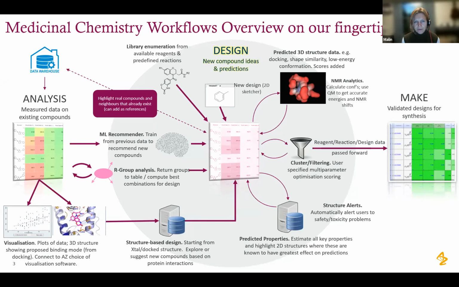So it's really important that all these people with different backgrounds and different knowledge in how to do computational chemistry have access to all the data, which we have stored in the database based on D360.